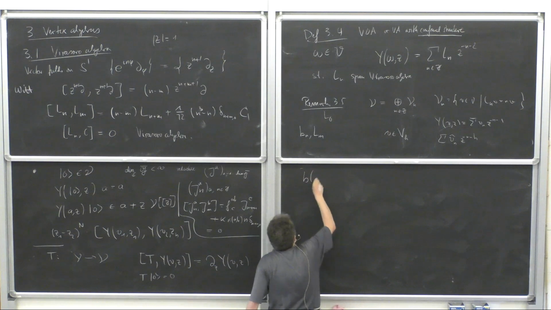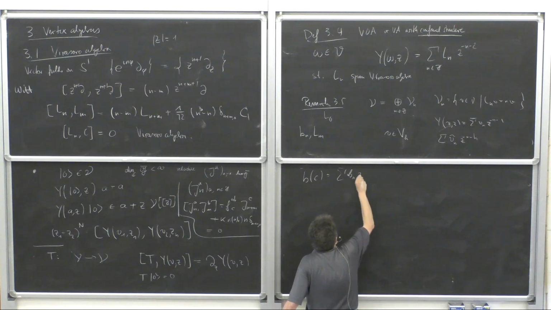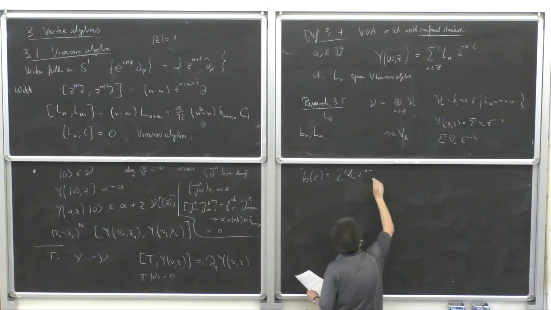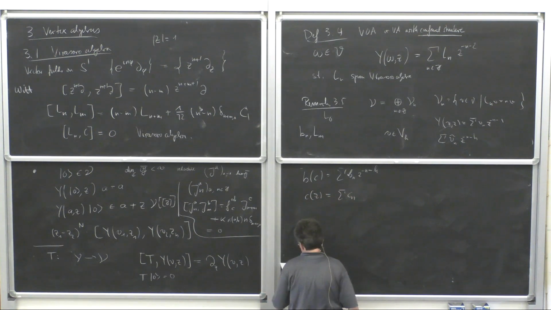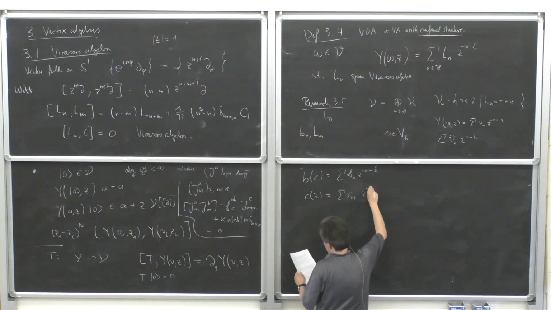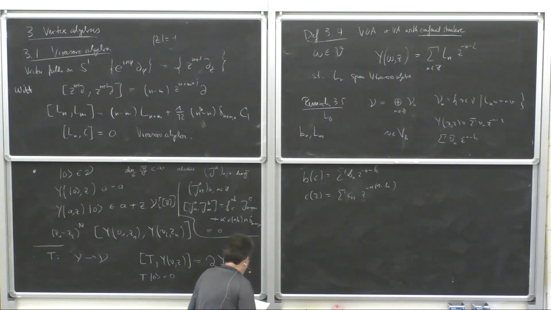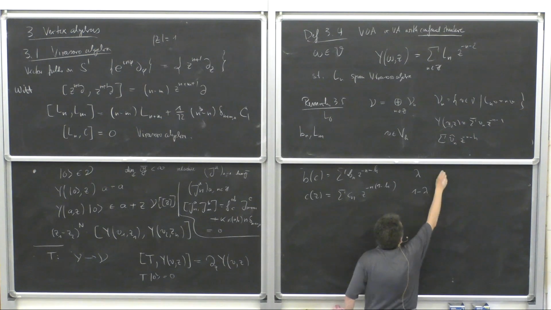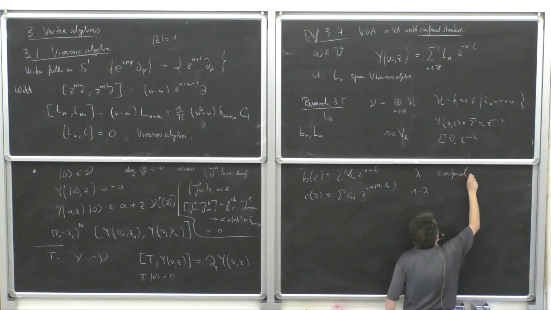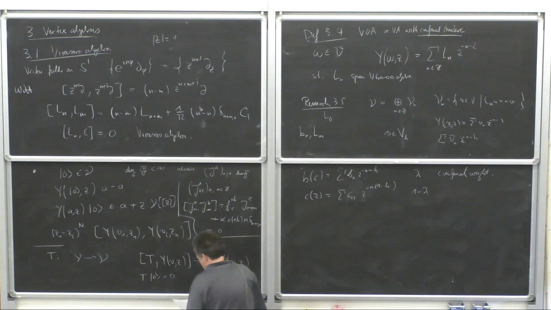Typically they are called b and c, with some mode expansion, which I take here in the physics convention, z to the minus n minus h. And we are asking that this is a field of conformal weight lambda or 1 minus lambda respectively. So this is already a family of, this will span a family of CFTs.